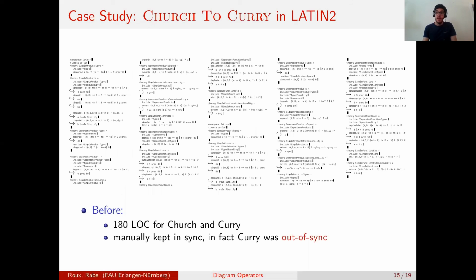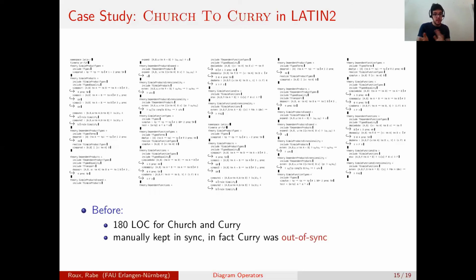And then we applied that operator in Latin too, which is an MMT archive of, I'd say, a very modular archive. It features many hundreds of theories, built up in a very modular way for fundamental things like type theories, logic, arithmetic, basics of mathematics, a bit of vector spaces, and so on.